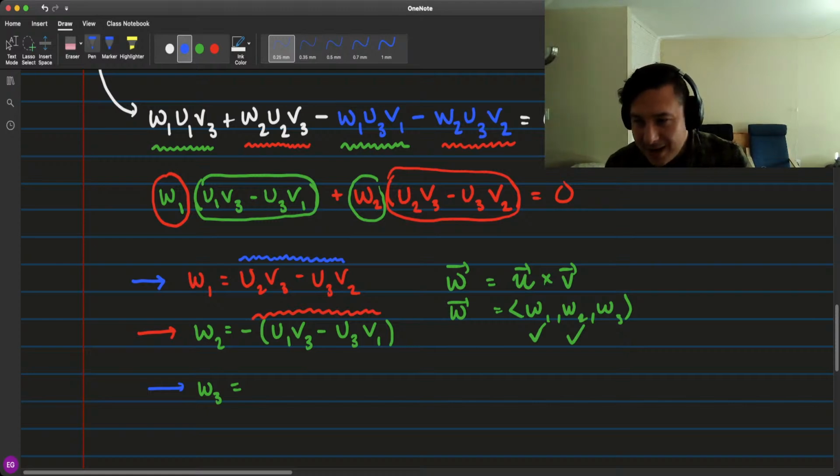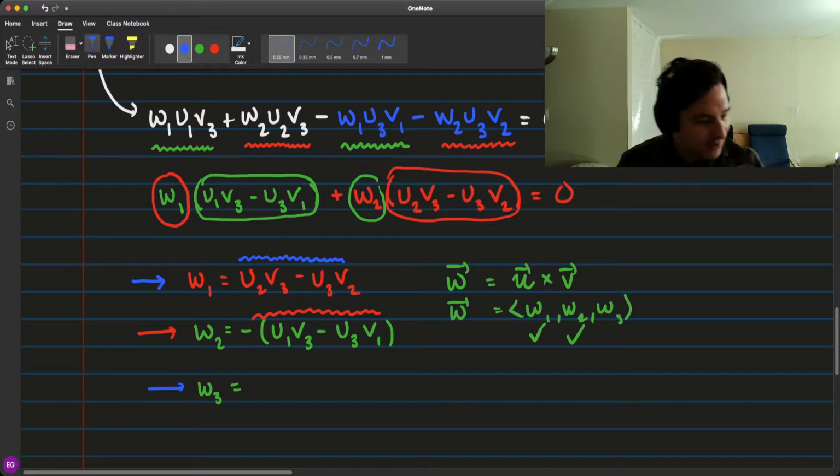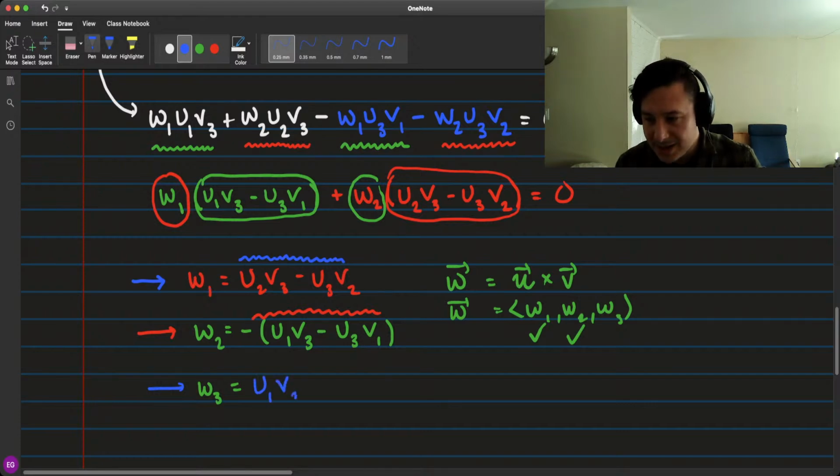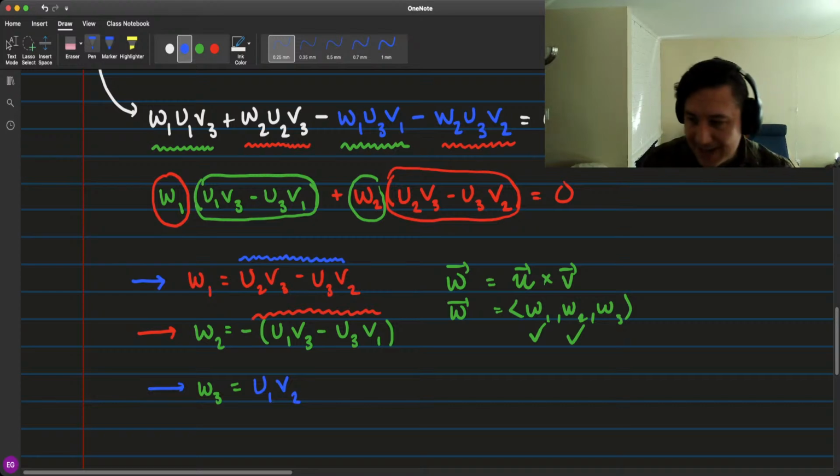Yes. Okay, cool. Now there's a way this goes. Do you see how it's like W1, U2, V3? Actually, I'm just going to give it to you, but you can see that there's a pattern. Do you see how it goes like 2, 3, and then 1, 3? So we're going to start with U1, V2, and then it's going to be minus what?